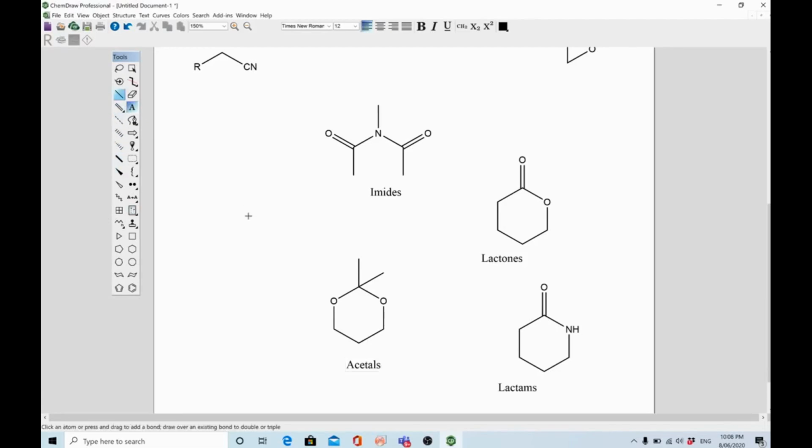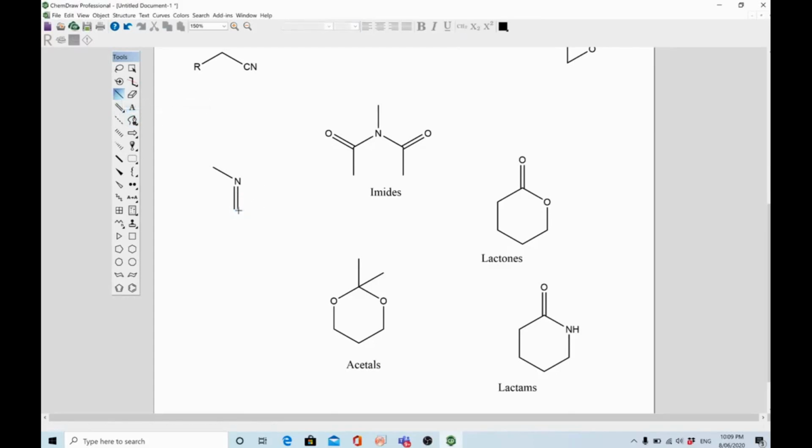And isocyanate groups. The isocyanate functional group, that is N double bond C. I'll type it: R N C. Okay, how should I do it?